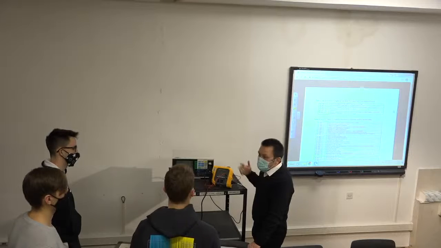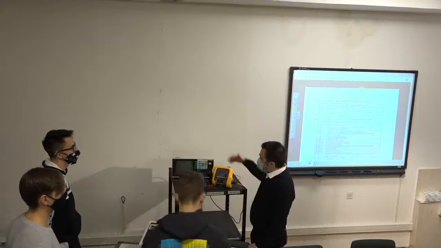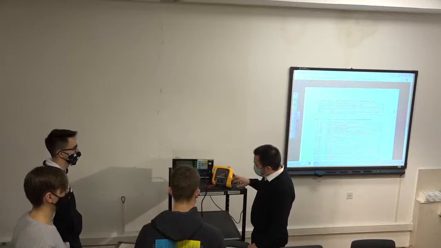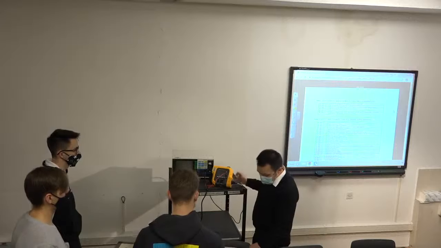So that's why you have to measure the mains in such a situation, where you look at what the voltage on the device is, no matter what is before that.